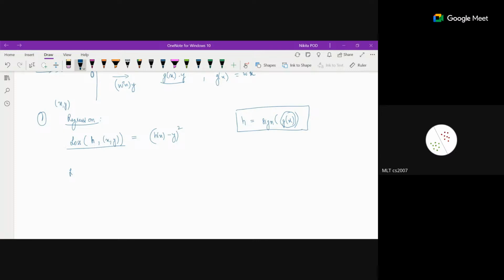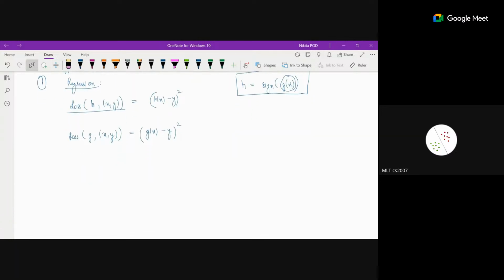As we had said, it is just W transpose x, in case we are looking at linear functions. Now, if you look at the loss of g for the data point x comma y, you are going to get g of x minus y a whole square, right? This is the loss that you will get.